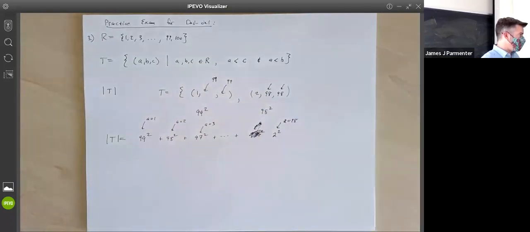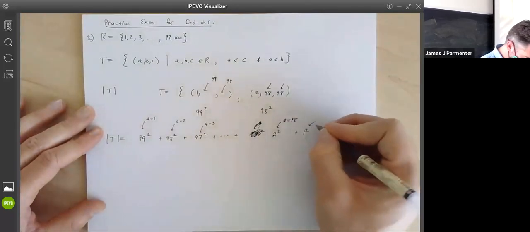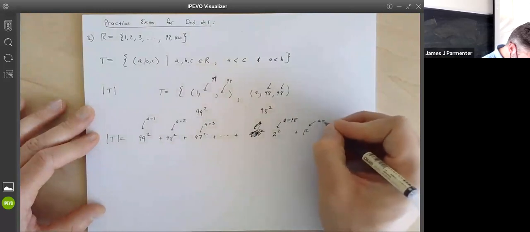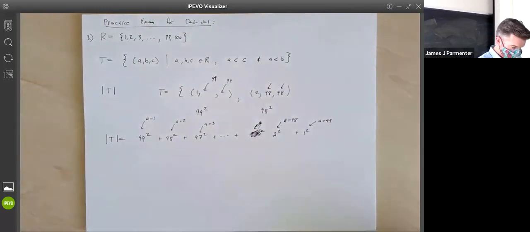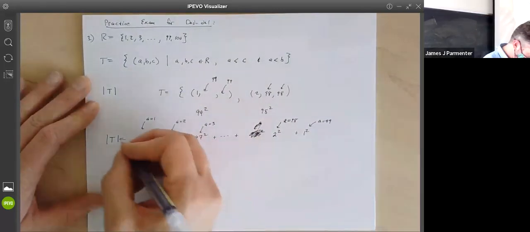If A is 98, B can be 99 or 100, and C can be 99 or 100, plus 1 squared when A is 99. And I guess you could say there are 0 things you get when A is 100, so A can't be 100. So this would be what it's equal to.